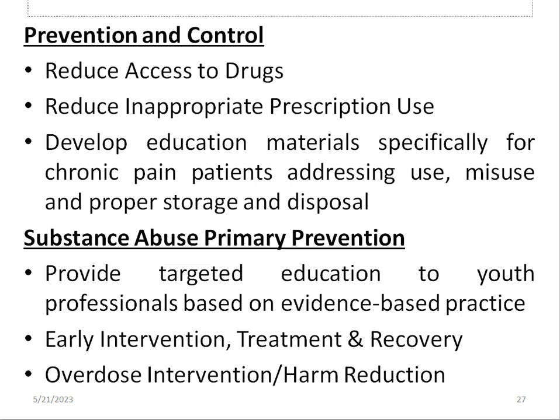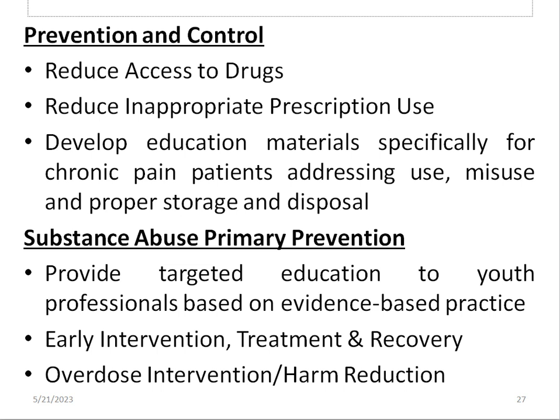You need to develop education materials specifically for chronic patients suffering from pain, cancer, and the likes, so that they understand the side effects and undesired effects the drugs might have if they take an overdose.